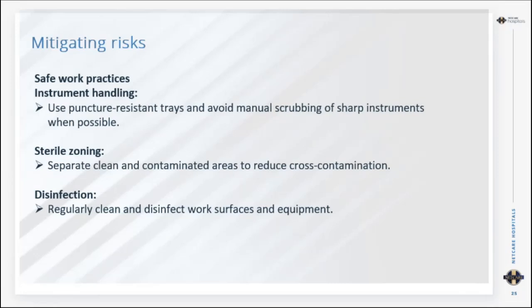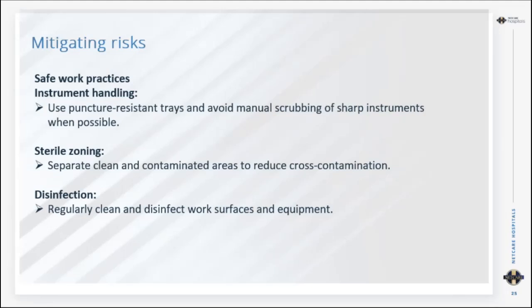Looking at our sterile zoning, how do we separate clean and contaminated areas to reduce the risk? I think that's an important one, especially in the older CSSDs, where sometimes there's no proper demarcation between your clean and your dirty areas, and it might just be a red line on the floor that separates those areas, very often because of the building structure.